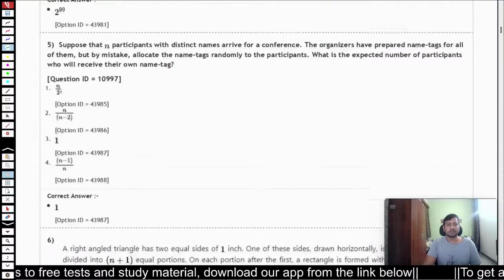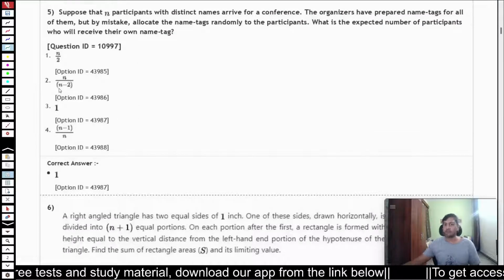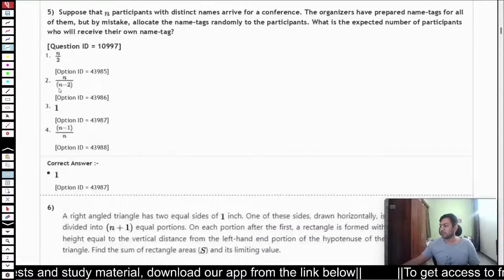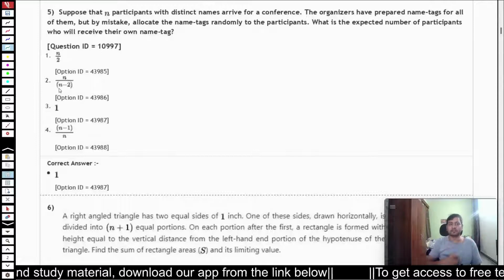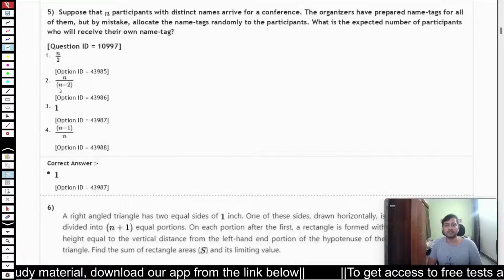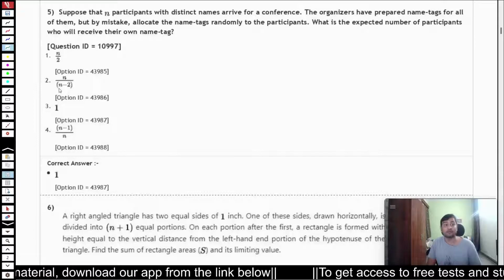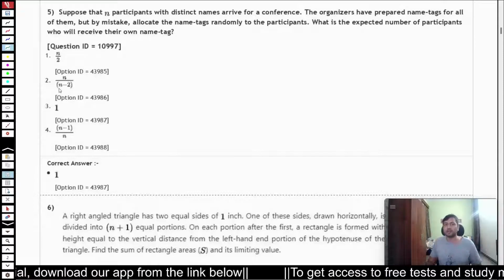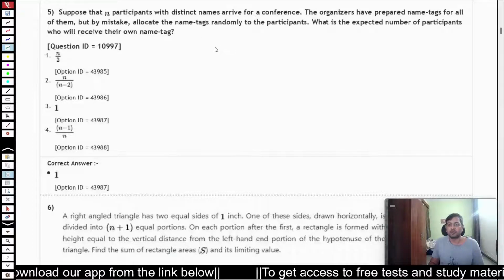Alright, let's move to question number 5. Suppose that n participants with distinct names arrive for a conference. The organizers have prepared name tags for all of them, but by mistake allocate name tags randomly to participants.